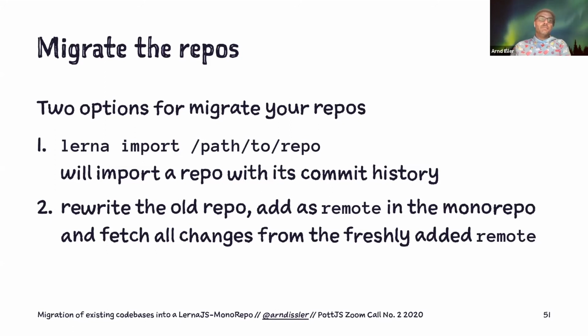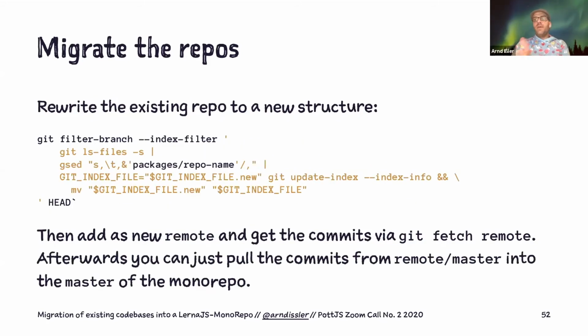So just use Git for pulling everything into a MonoRepo, and this you can do by rewriting the old repo. Add the repo you want to import as a remote and fetch all the changes into your MonoRepo. But then you have it on the root level, so maybe it's better to shift it over to the packages folder, and you can do this by modifying the Git repo you want to pull into your MonoRepo, and rewrite the file index from the Git repo.